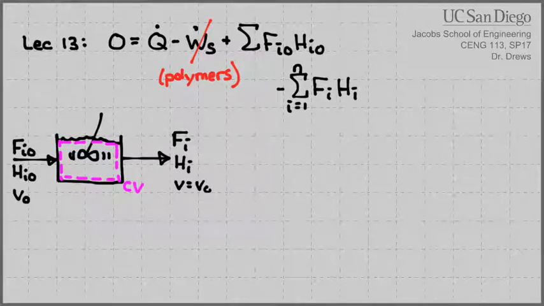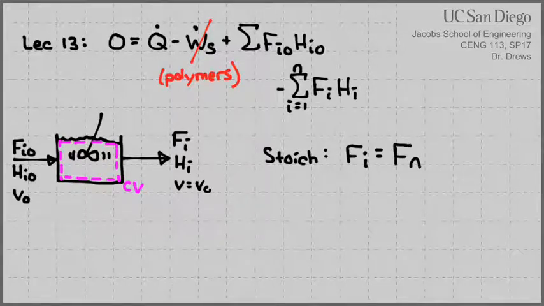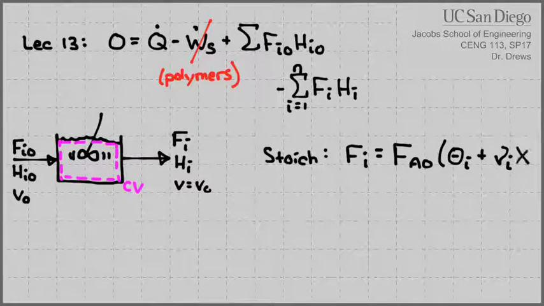So from our stoichiometry, we know that we can get the outlet of anything, we'll use I for anything, is proportional to however much A was coming in, times that theta I and those stoichiometric coefficients times the conversion of XA.